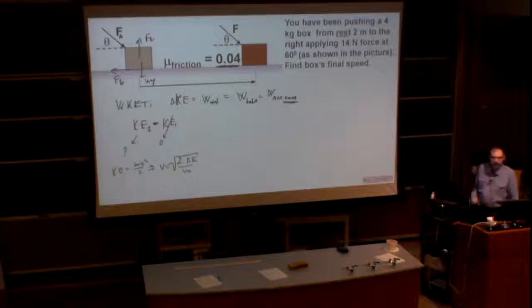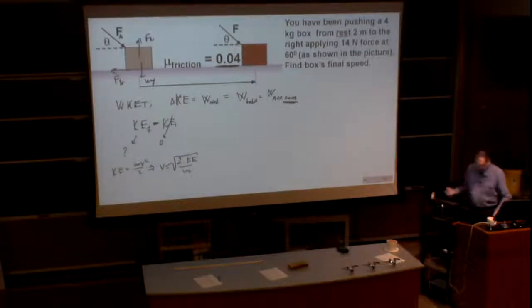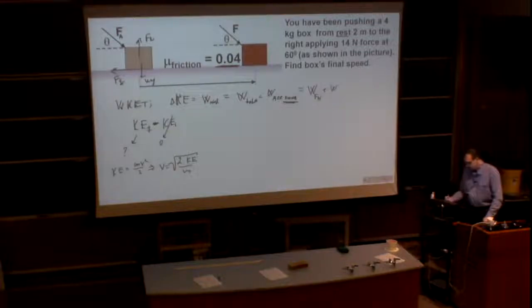Now, for each force, we have to write the term which represents work done by that force. So, without even thinking, I just start labeling all the work done by the normal force, plus the work done by the force of gravity, plus the work done by the applied force, plus the work done by the force of friction.